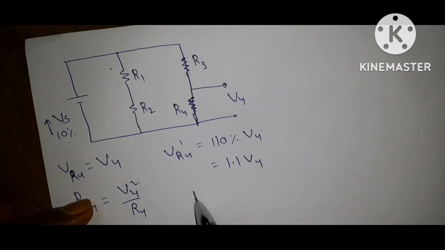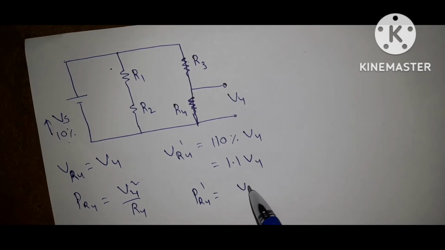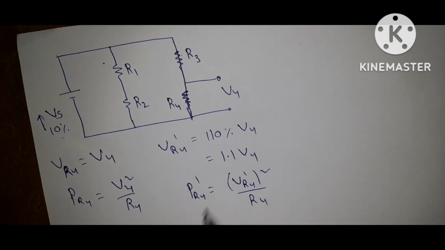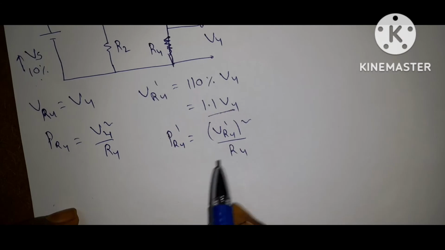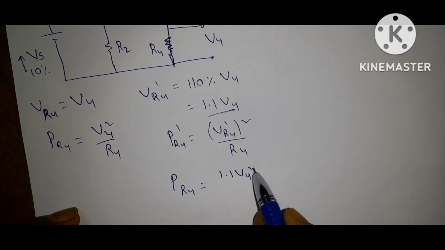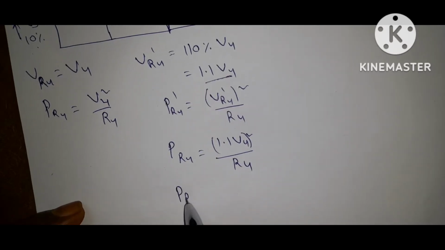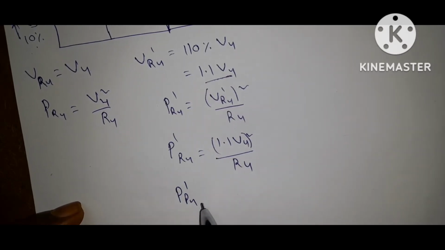Now what is PR4 dash, the new power? It is VR4 dash whole square by R4. Substitute this value in this equation. You will get PR4 dash is equal to 1.1 V4 whole square divided by R4. This is the new value after the excitation increases.